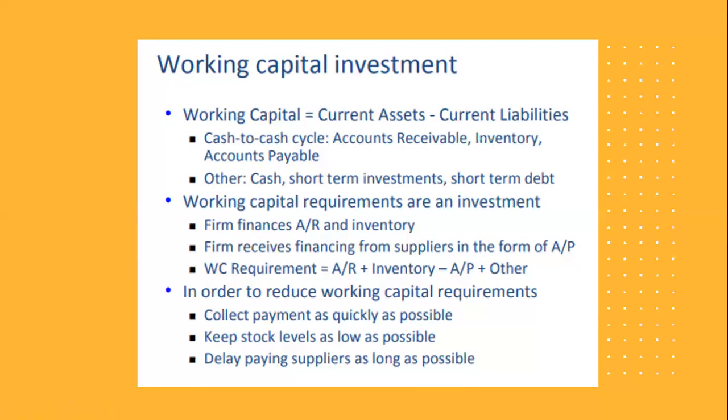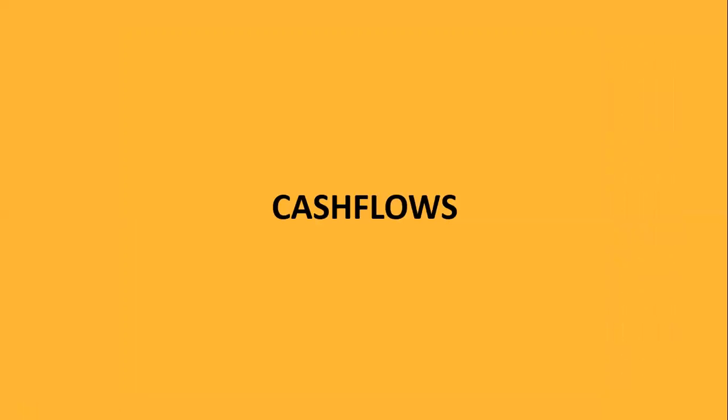Generally speaking, the way to make this low is to collect payments as quickly as possible from your customers, keep your stock levels as low as possible, and delay paying your suppliers as long as possible. These are three basic things that companies focus on in order to keep their cash flows positive.